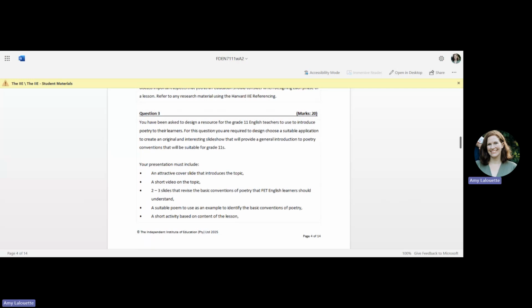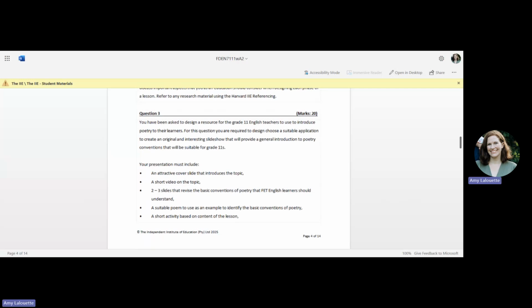So you have been asked to design a resource for the grade 11 teachers to use to introduce poetry to their learners. So this is a general resource that all the teachers will use to introduce poetry to grade 11s.